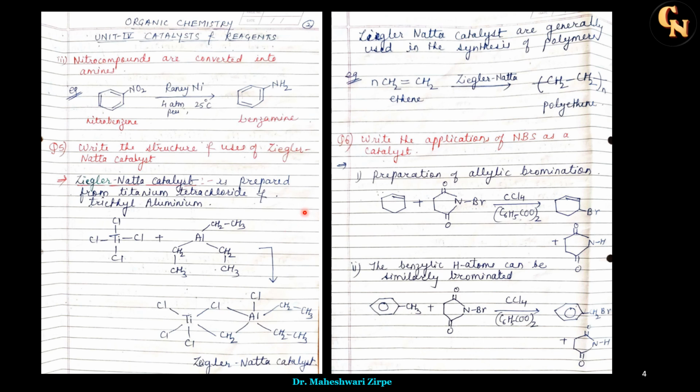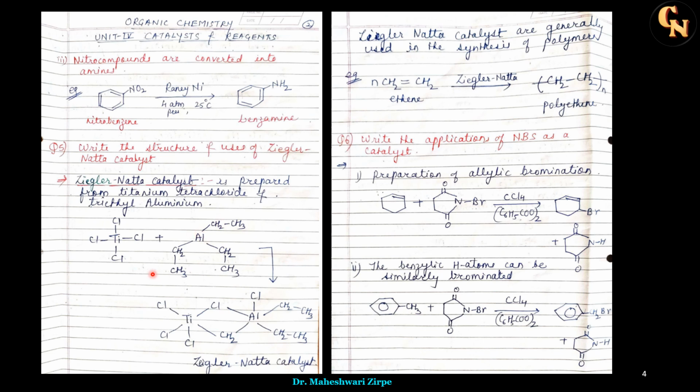Ziegler-Natta catalyst is prepared from titanium tetrachloride and triethyl aluminum. So here you will find titanium tetrachloride, that is TiCl4, and there are ethyl groups attached with aluminum, which is triethyl aluminum. So aluminum is having 3 ethyl groups.